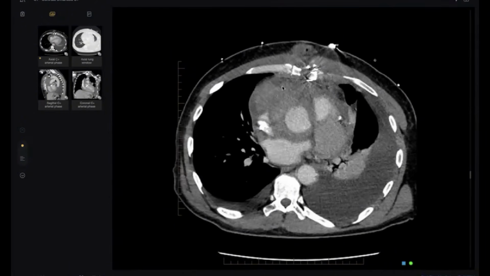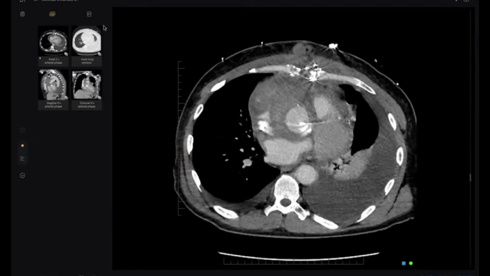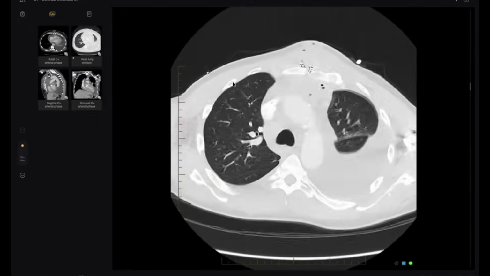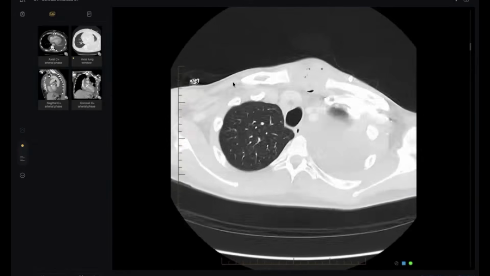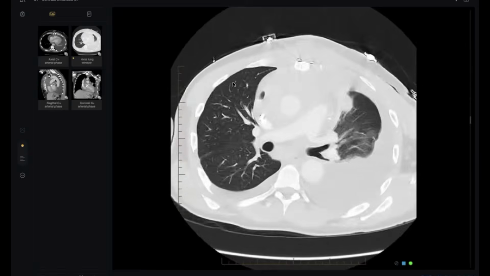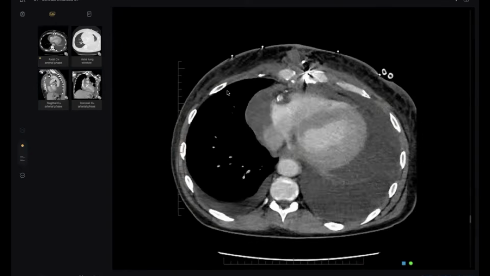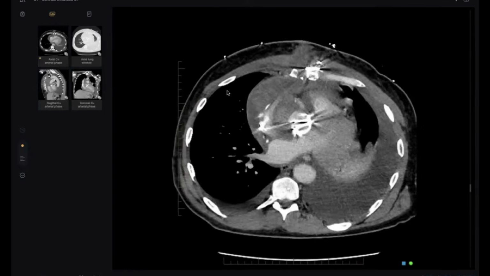But when the infection is around the heart, this is mediastinitis. Look at the lungs, the lung is completely free of any infection. So we must be very clear: infection around the heart and structures, not involving the lung. So we are talking about the mediastinum.